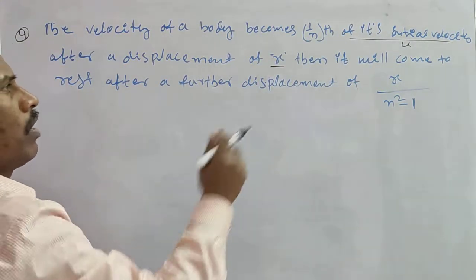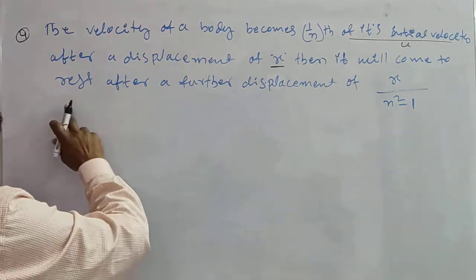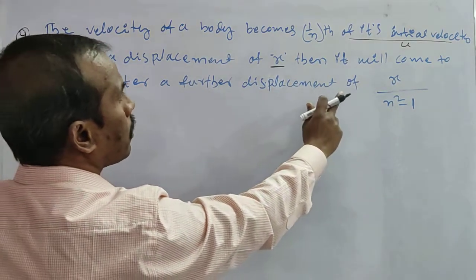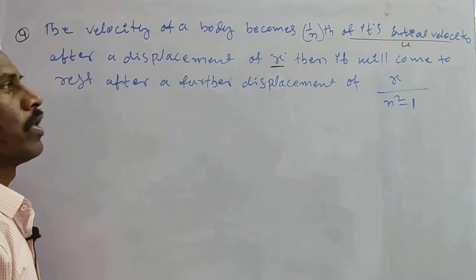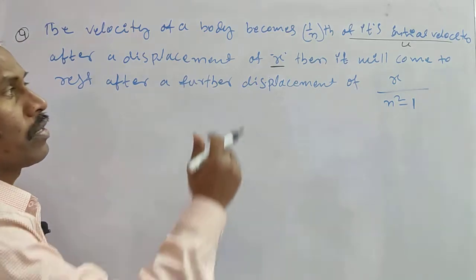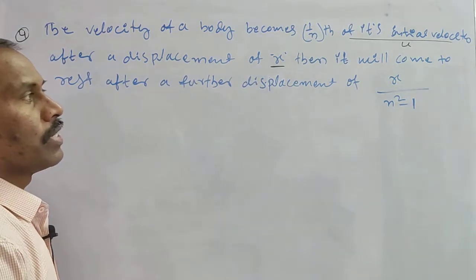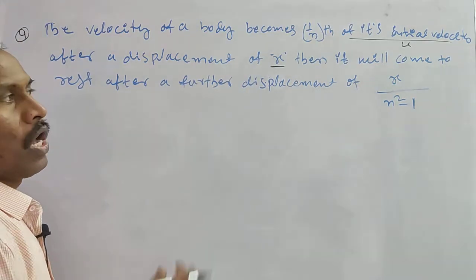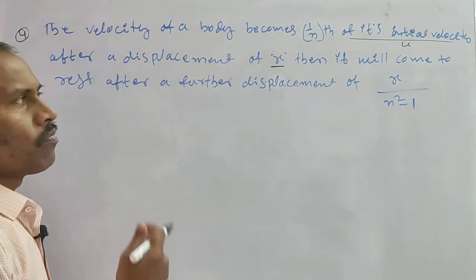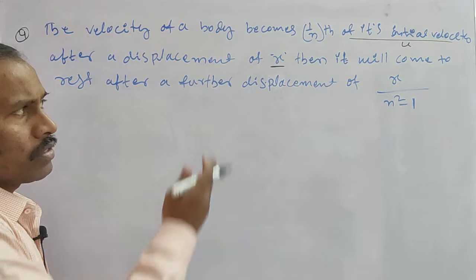Then it will come to rest after a further displacement of x by n square minus 1. So how is this type of problem solved, and how do we get that formula, that equation?